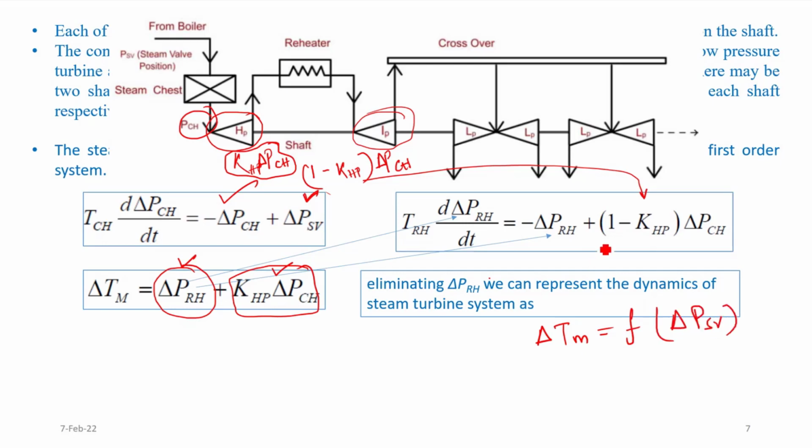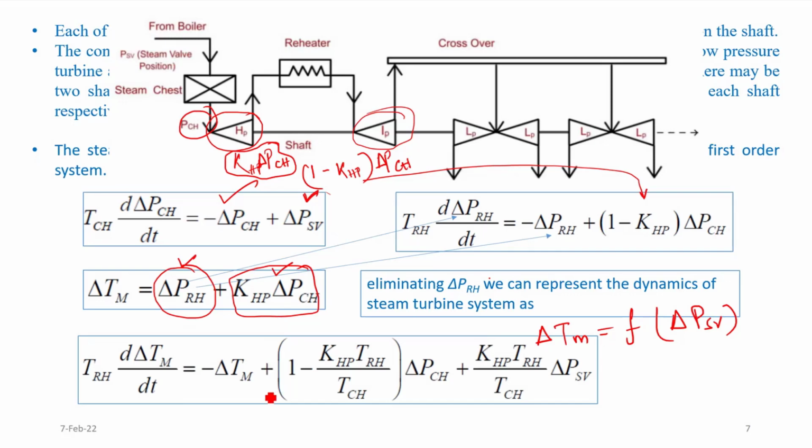Now I need to eliminate delta P_RH, which is very simple, and the delta P_CH term will remain. Now T_RH times d by dt of delta T_m will be equal to minus delta T_m plus (1 - K_HP) T_RH by T_CH times delta P_CH plus K_HP T_RH by T_CH times delta P_SV.